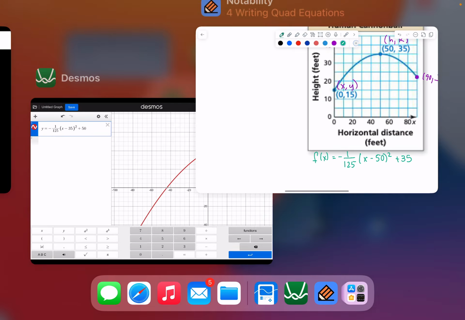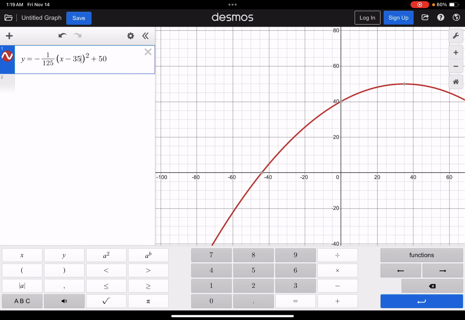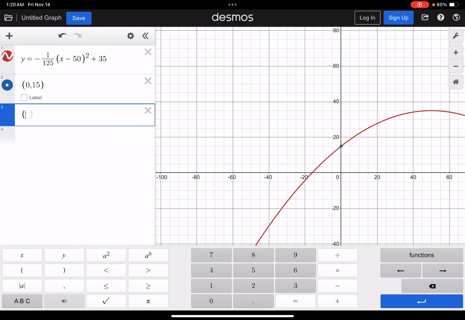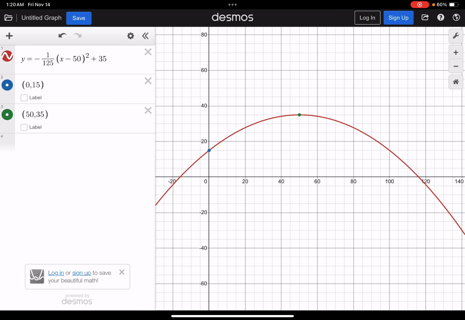Nope, other way around, minus 50, plus 35. Okay, now the two points we had were (0, 15). So far so good. That's a point on the problem. And (50, 35).